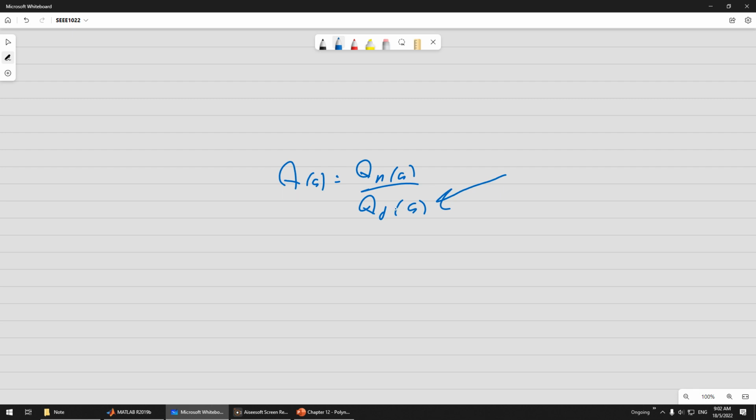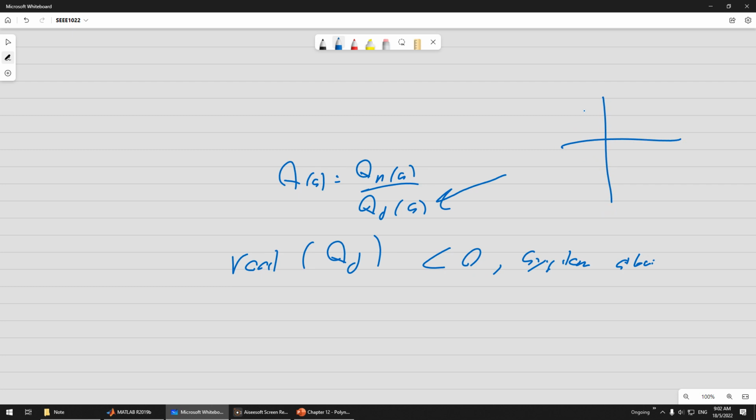As long as the roots of QD are less than 0, the system is stable. This we will learn in control, in your year 2 or 3. Basically your roots will be stable when they are on the negative side of the s-plane, and if the root is here, it is not stable.